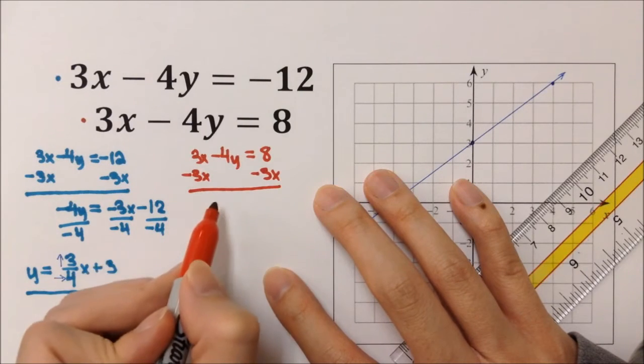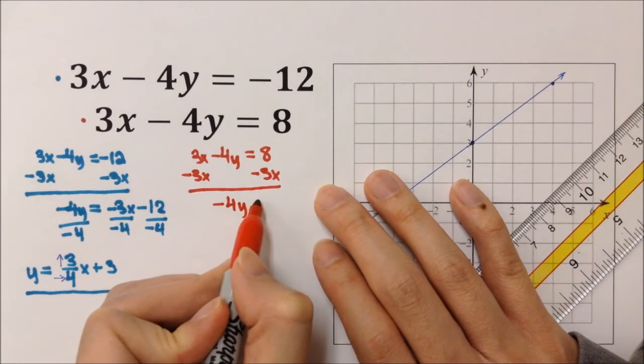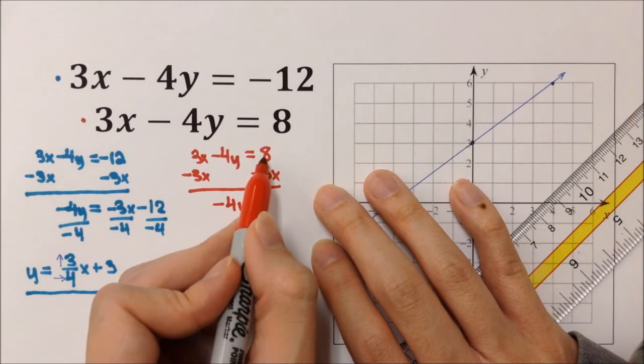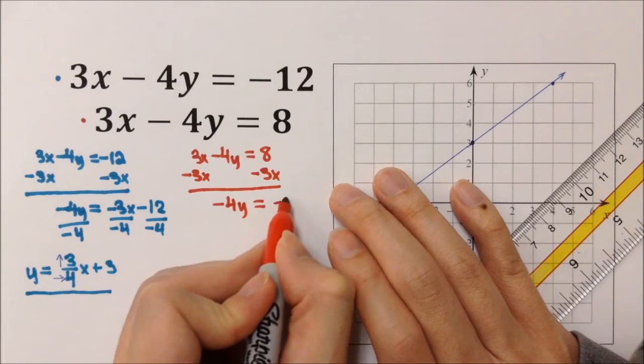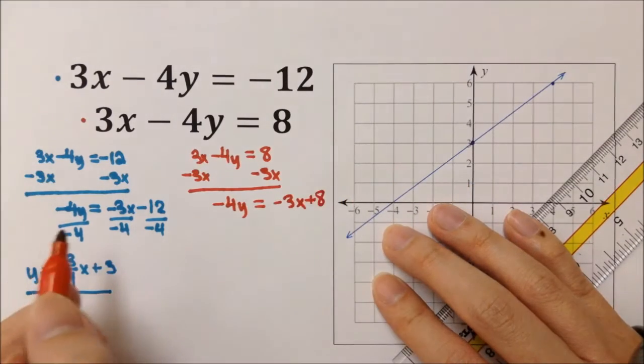So the 3x cancels out, and then on the left side will be negative 4y, and then the equal sign. 8 and negative 3x cannot be combined because it's a number and a variable. So it will simply be negative 3x plus 8 on the right side.